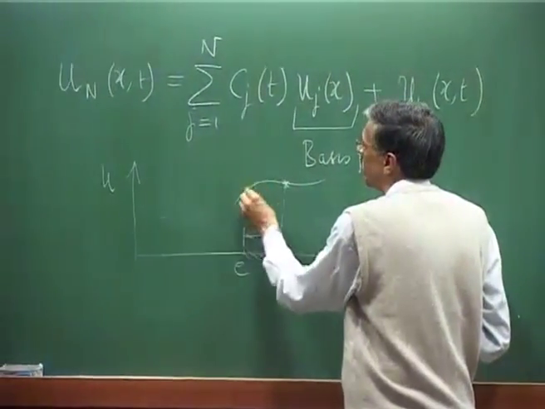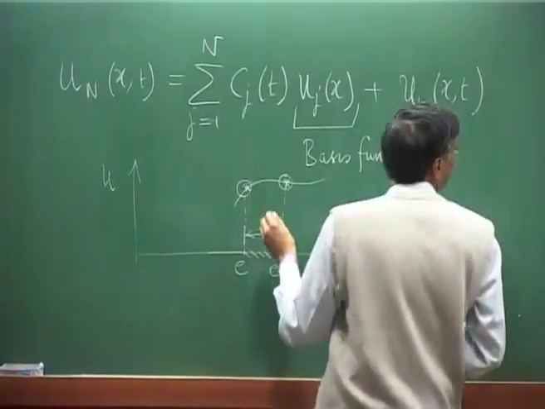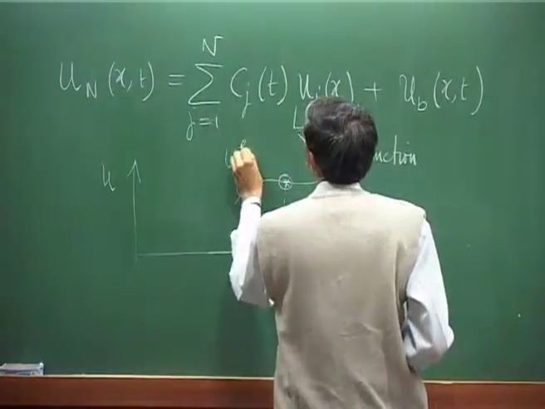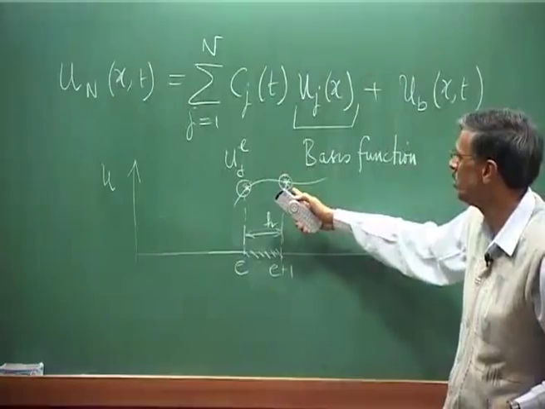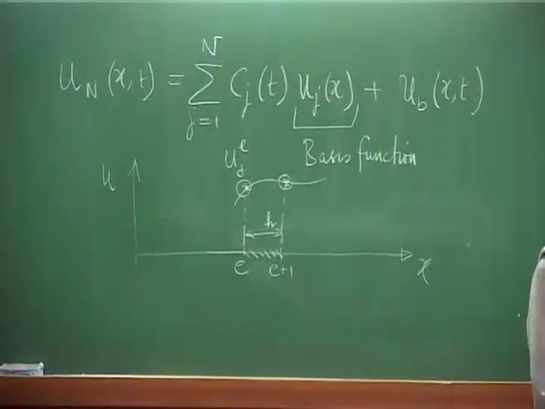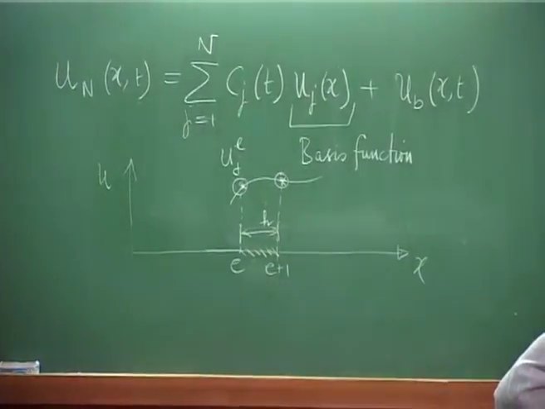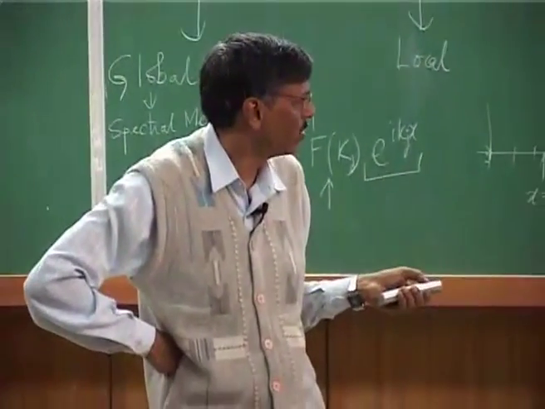That is what you are trying to compute. So they are your uj of E, and this will be uj plus 1 of E.